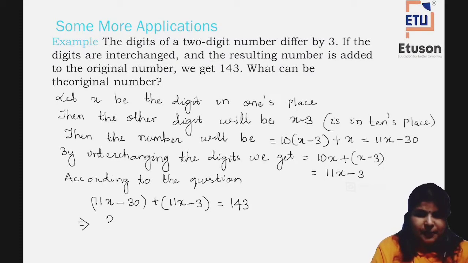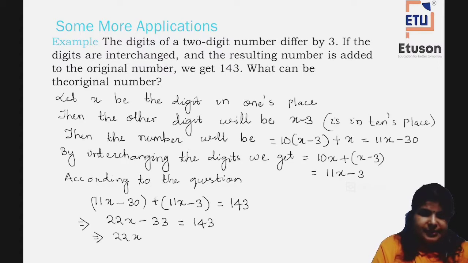So you have 22x minus 33 is equal to 143. So 22x is equal to 143 plus 33, that is equal to 176.